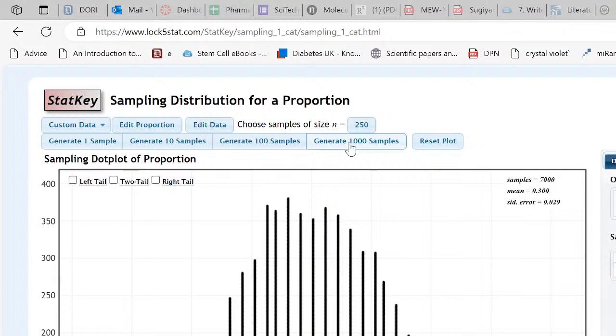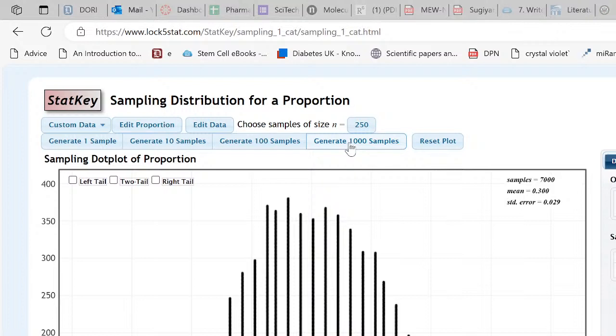Let p hat be the sample proportion. Then this gives all information about the sampling distribution: the shape, the center, and the spread. First, the center. The mean of p hat is p.